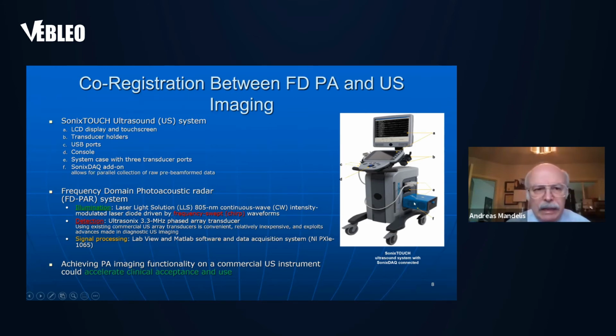It is a system that allows the ability to introduce extra commands to the imager. And that's very important because it is through this interface that you can introduce the laser parameters and pick up the photoacoustic response.